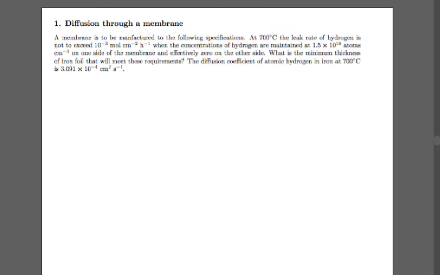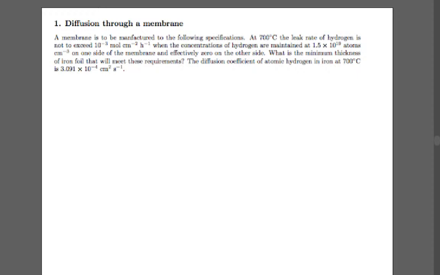Number one, diffusion through a membrane. A membrane is to be manufactured to the following specifications. At 700 degrees Celsius, the leak rate of hydrogen is not to exceed 10 to the power of negative 3 mole centimeter to the power of negative 2 h to the power of negative 1, while the concentration of hydrogen is maintained at 1.5 times 10 to the power of 19 atoms centimeter negative cubed on one side of the membrane and effectively 0 on the other side.